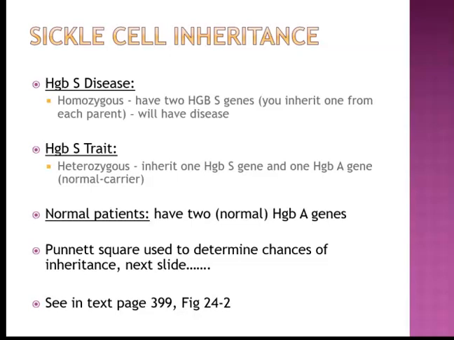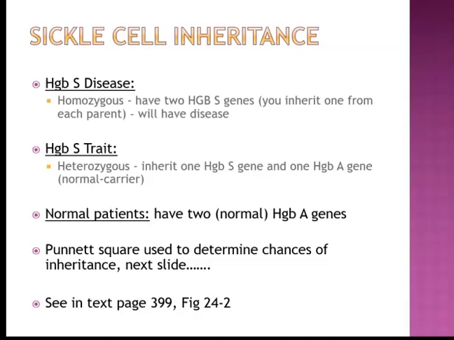This is called heterozygous, meaning that you inherited one of the hemoglobin S genes from one parent, and then you inherited the hemoglobin A, or the normal gene, from the other parent. Normal patients have 2 normal hemoglobin A genes, so they wouldn't have the hemoglobin S gene at all.